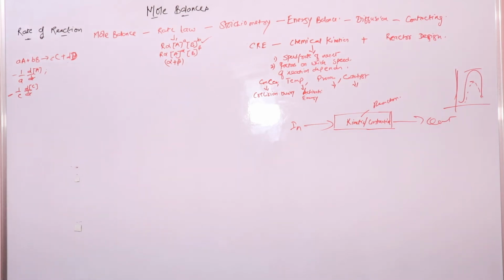This diagram is very important. You would be looking into this diagram throughout this book, and you would be dealing with the mole balance equation throughout this book. So make sure you understand these concepts well. So chemical kinetics and reactor design are at the heart of producing almost all industrial chemicals, right.